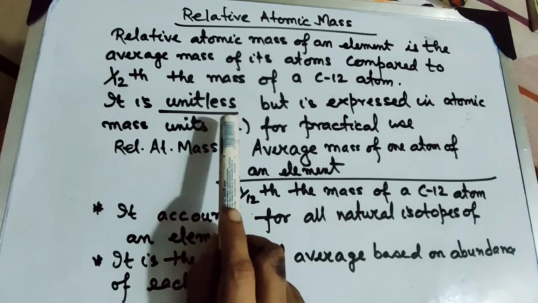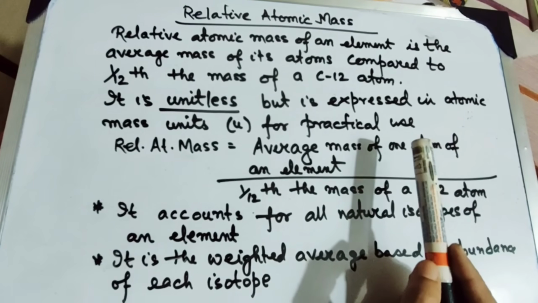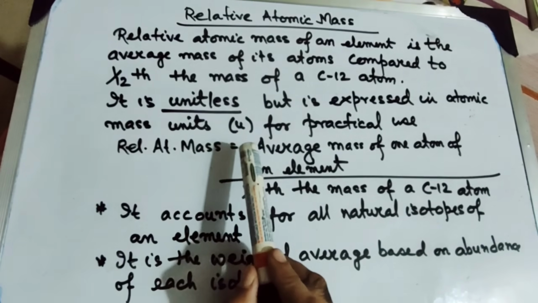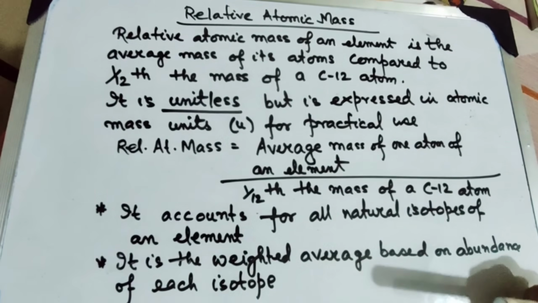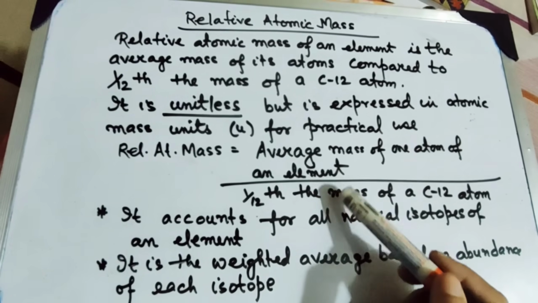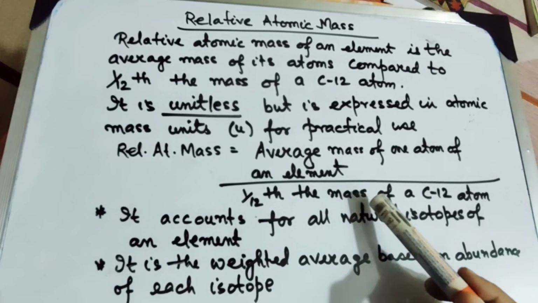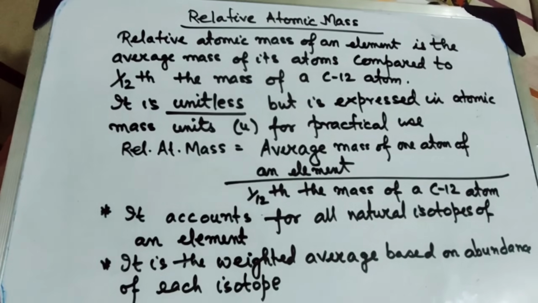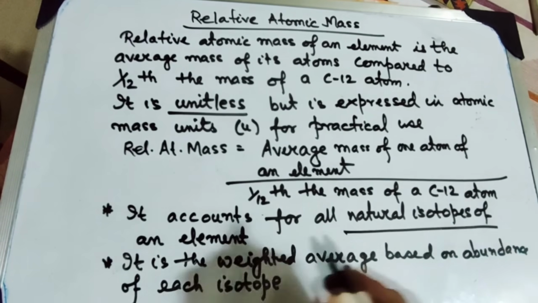Yet when we use its value for practicality purposes in numericals and all, we are allowed to use it in terms of atomic mass unit, that is U. So this is how it is represented: average mass of an atom of an element by 1/12 the mass of C12 atom. Now actually it accounts for all natural isotopes of an element.